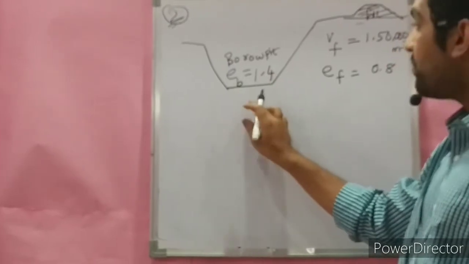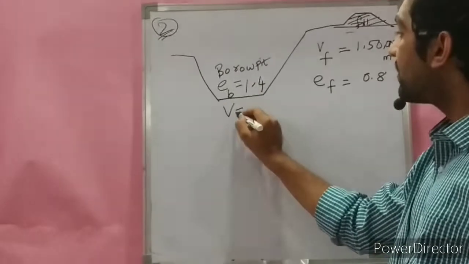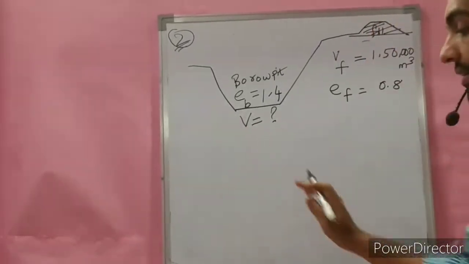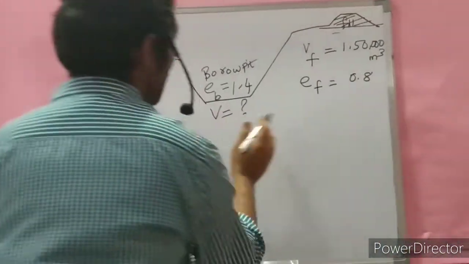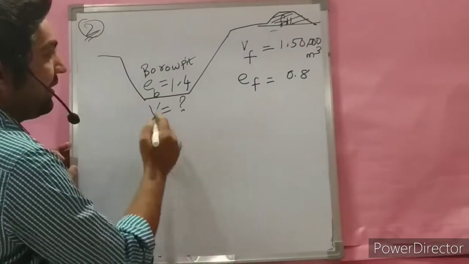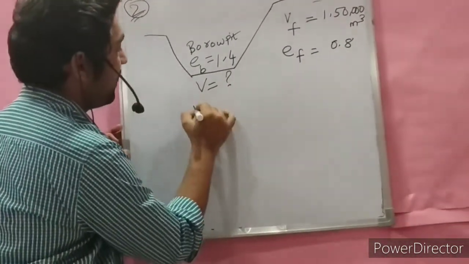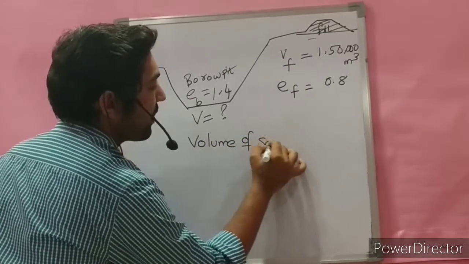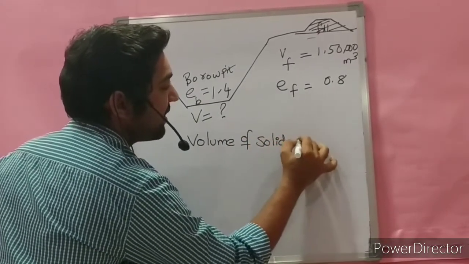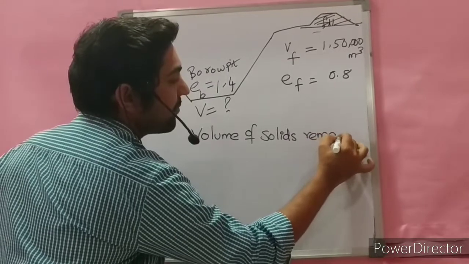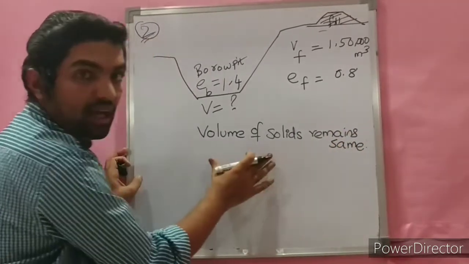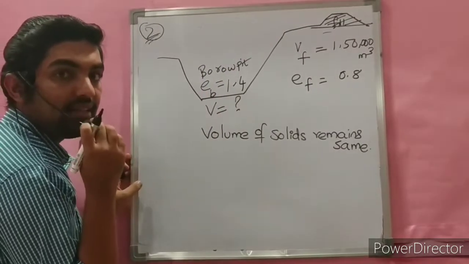The volume of soil to be excavated from the pit is, what is the volume of soil to be excavated from the pit? In this problem, what we have to see is that it is based on the concept that volume of solids remains the same. This property we also studied in our previous lecture.